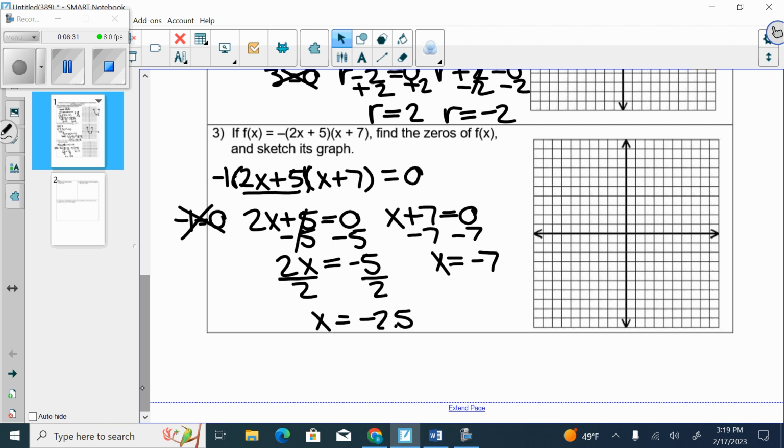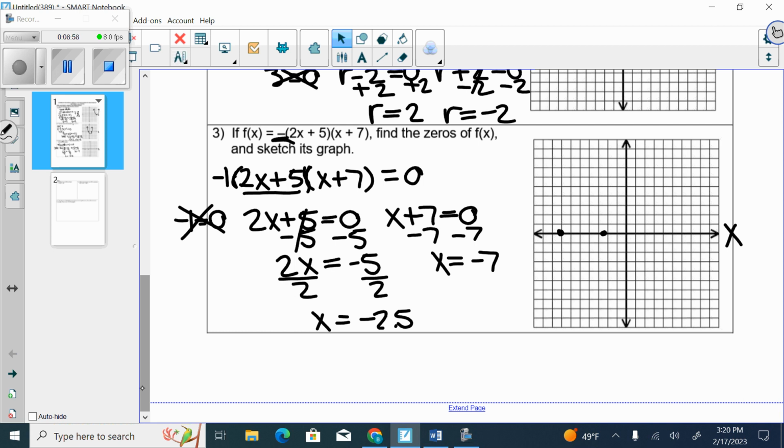All right, and if those are my 2 x-intercepts, where am I going to put them at? X-axis. All right, so I've got 1 at negative 7 and 1 at negative 2.5. So right there in the middle of 2 and 3. All right, and the way we decide if it points up or down is we look at the very front of the equation.